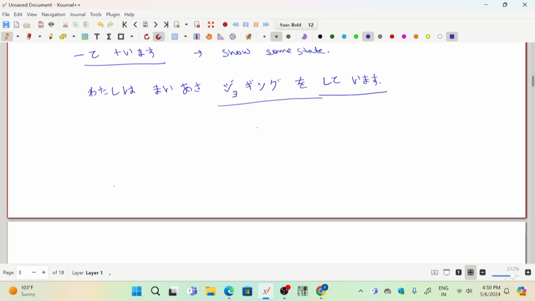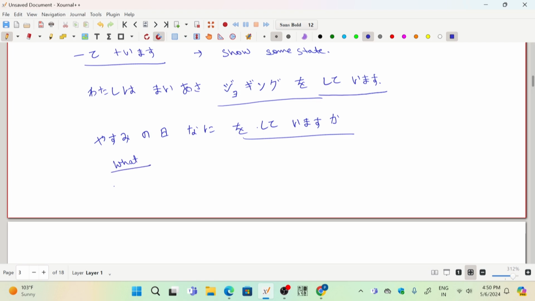Next sentence we can make is, see, so this te plus imasu is showing the state. So someone may ask, so what do you do exactly when it is a holiday? So Yasumi no hi nani o shite imasu ka? It means what you usually do on holiday.